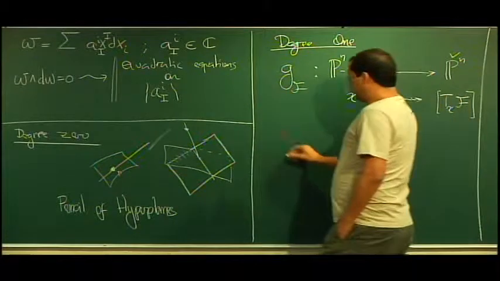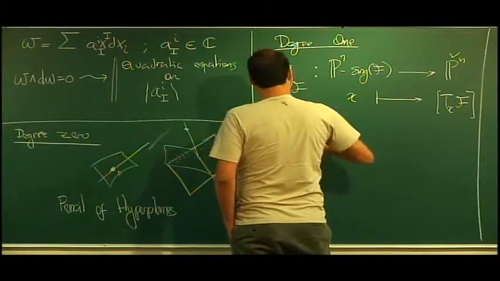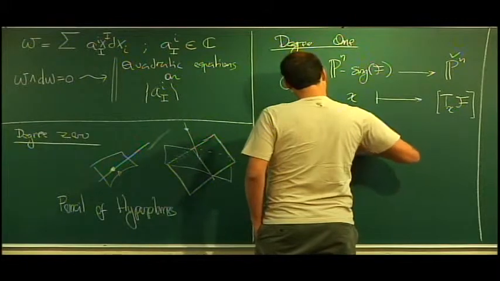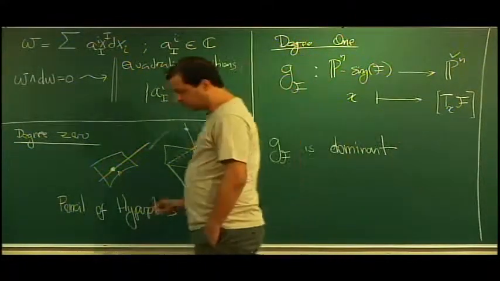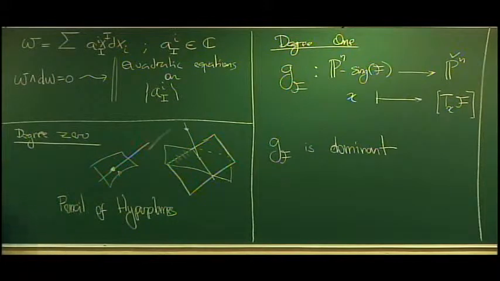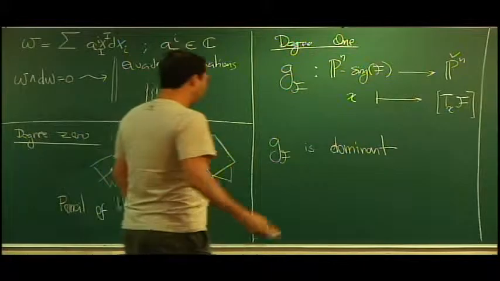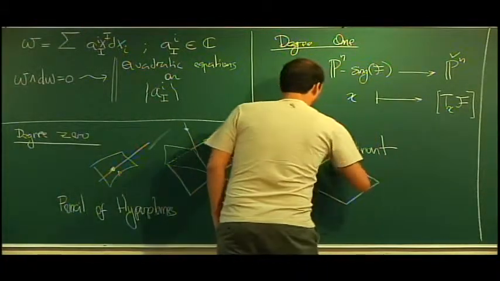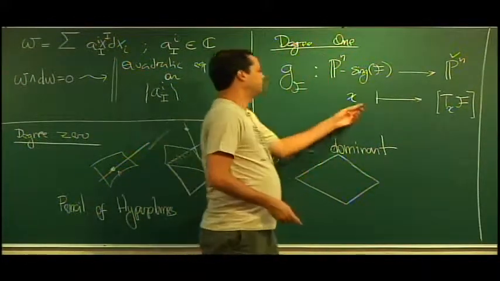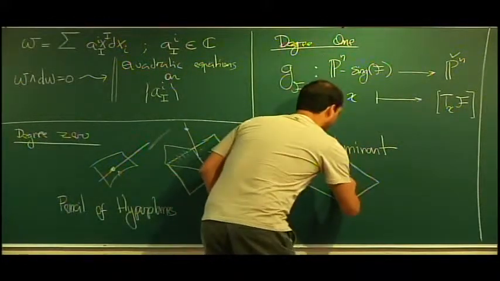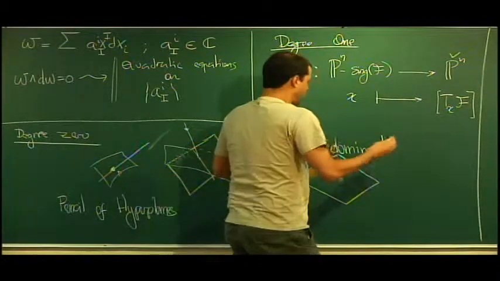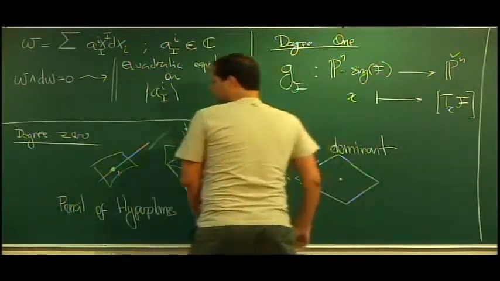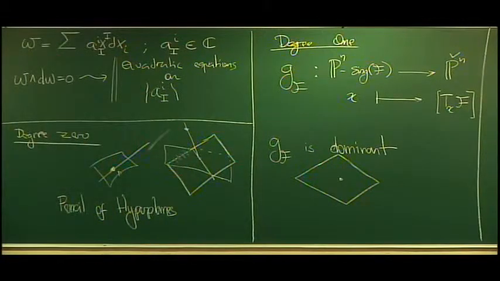Suppose that GF is dominant. Then, according to your taste, you can say Bertini or Sard, and take a regular point in the image, look at the pre-image, and see that the pre-image of a regular point will correspond to a hyperplane, a point of the foliation, or a collection of points of the foliation, which are tangent to the corresponding hyperplane.